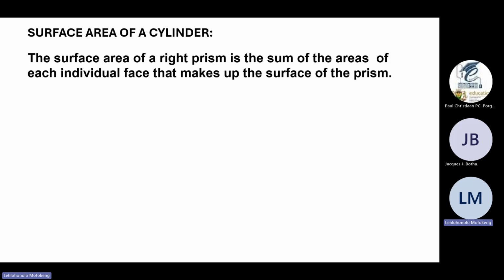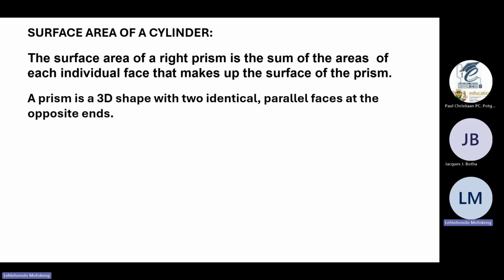Like for instance, if we look into the one that we did before this one, the triangular prism, I indicated that a triangular prism has 5 faces, of which 2 of them are identical and are triangles. So in this case, we will have to look into how the faces are.